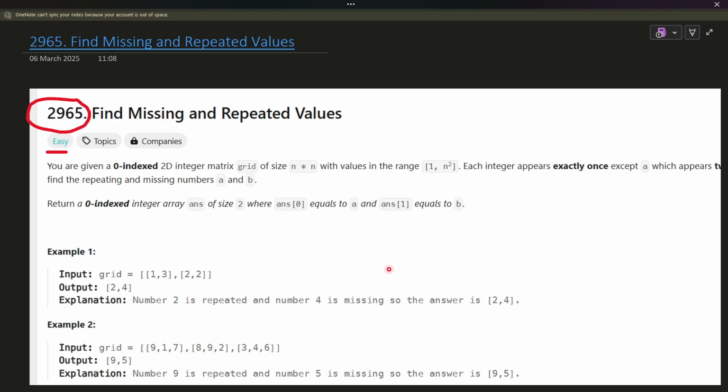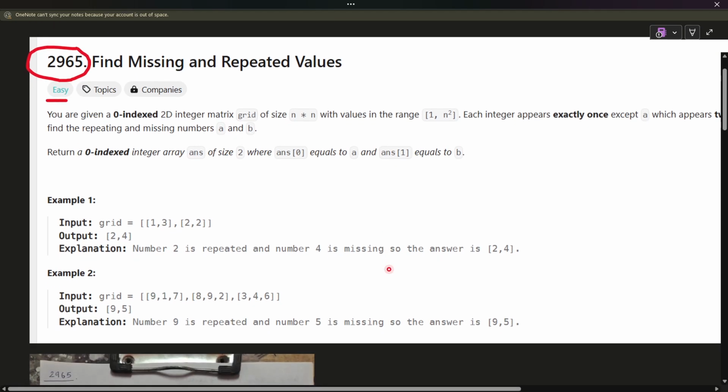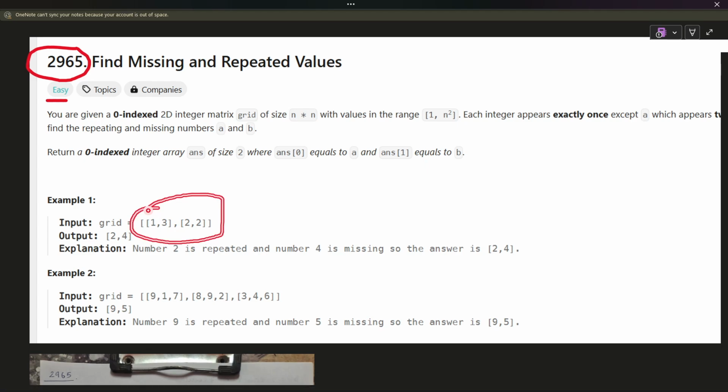Let's see the examples. Here you can see n will be 2. Why? The size is n cross n, so there are 4 elements. So n is 2 and n squared will be 4.